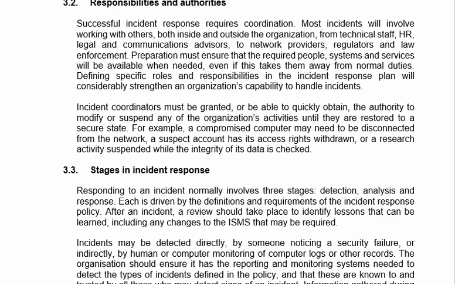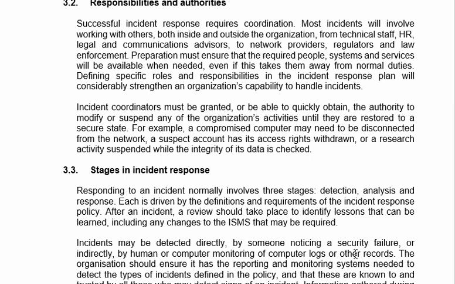Incident coordinators must be granted, or be able to quickly obtain, the authority to modify or suspend any organization's activity until they are restored to a secure state.